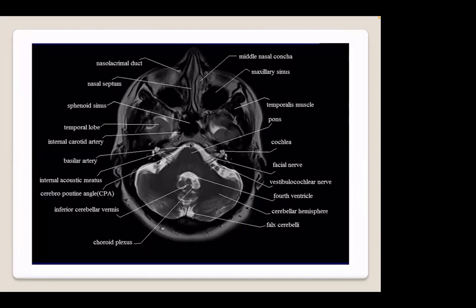MRI showing the cerebellum on each side and the fourth ventricle in central with a choroid plexus on each side and intercerebellar vermis. And anteriorly, we have basilar artery.